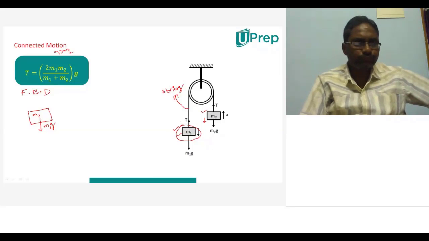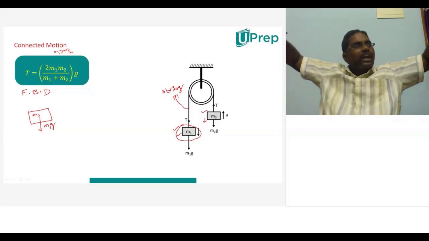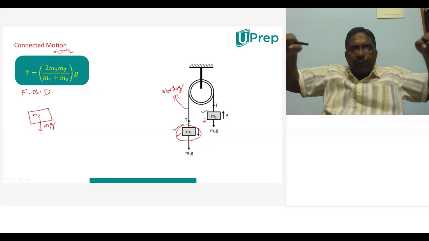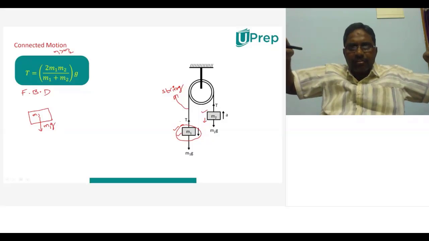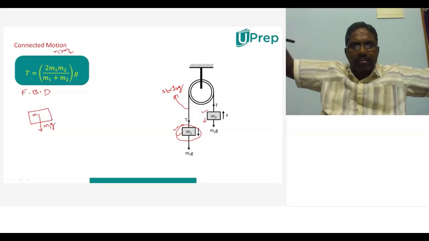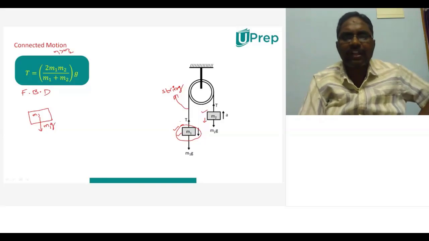Yes, sir, it will vibrate. And whenever you are holding some rope like this on two sides, some tensional force will be there or not? Some kind of stiffness will be there for that rope or not? Yes, sir.